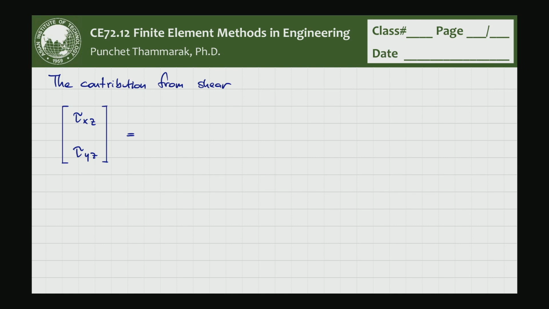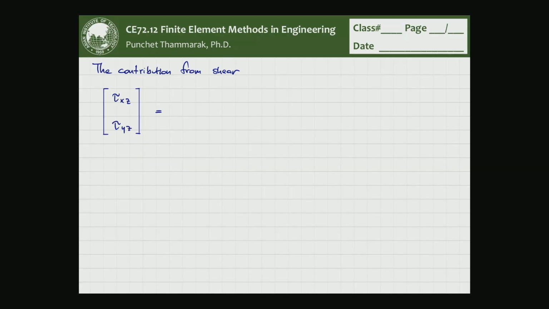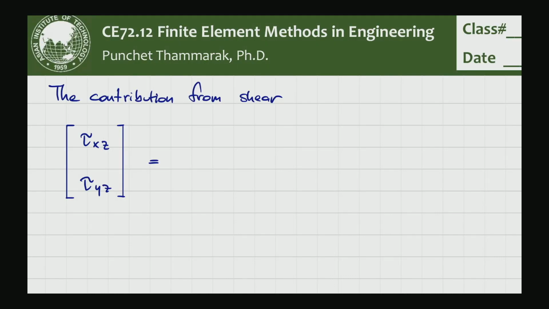So we need to again express the shear stress in terms of rigidity and the strain. The strain part is going to be broken down into the B matrix and the nodal point displacement.